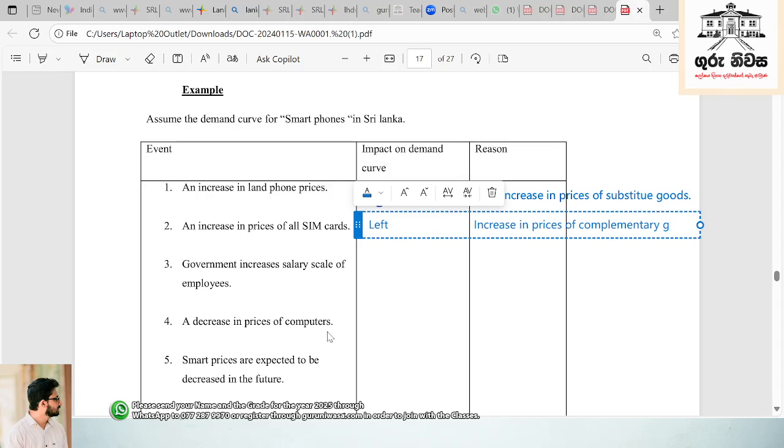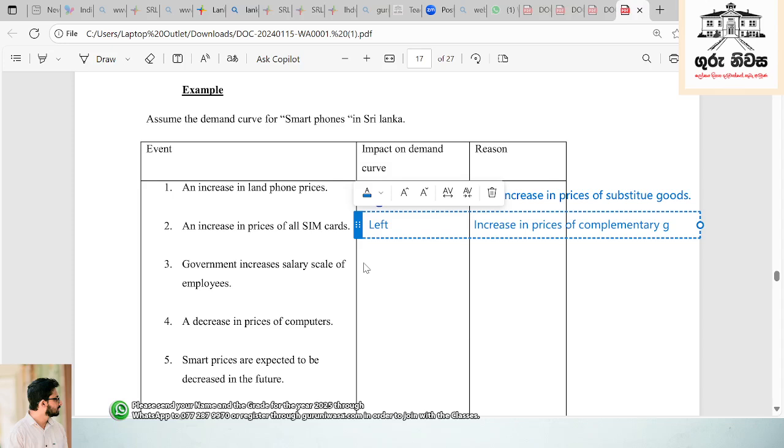Lakshan. Government increases the salary scale of all employees. How does it affect demand for smartphones? Increase or decrease? Decrease? No, the government increases the salary scale of employees.